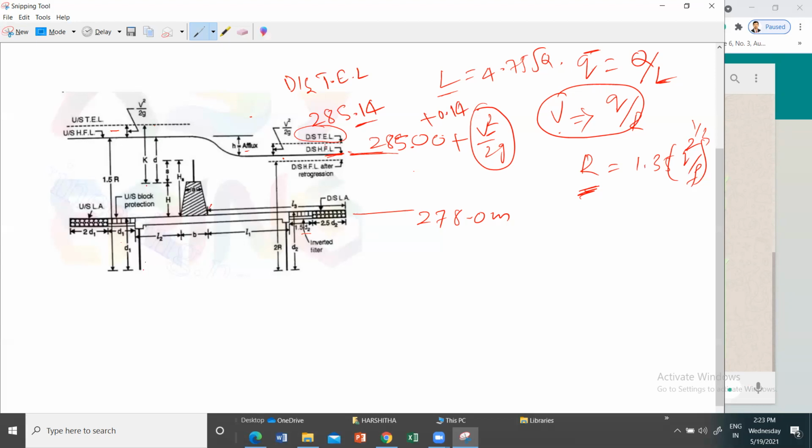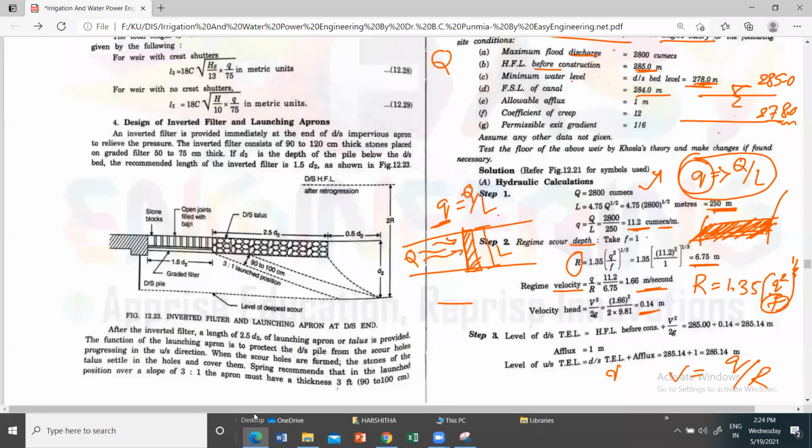Now we need to calculate the upstream side total energy line. The level difference between the upstream side total energy line and the downstream side total energy line will be the afflux. First we calculated the downstream side total energy line: the high flood level before construction of the weir plus V square by 2g, so we are getting 285.14.